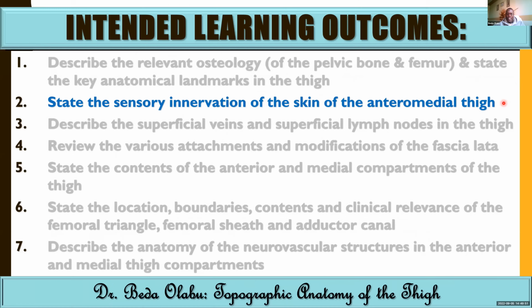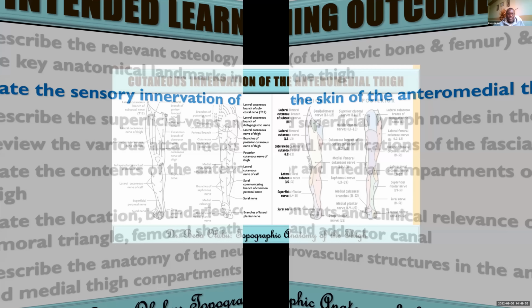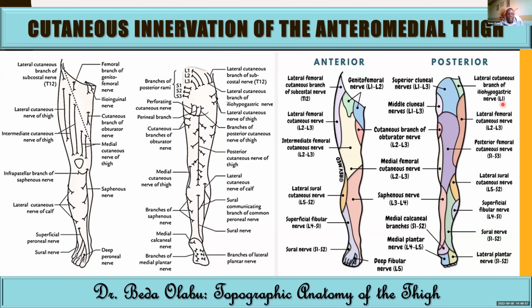We can now focus on the sensory innervation of the skin of the anteromedial thigh. When we use the term anteromedial thigh, we understand that we are focusing on both the anterior and the medial side. We can start with the skin of the anterior side. The skin of the anterior side of the thigh is supplied by the following nerves.